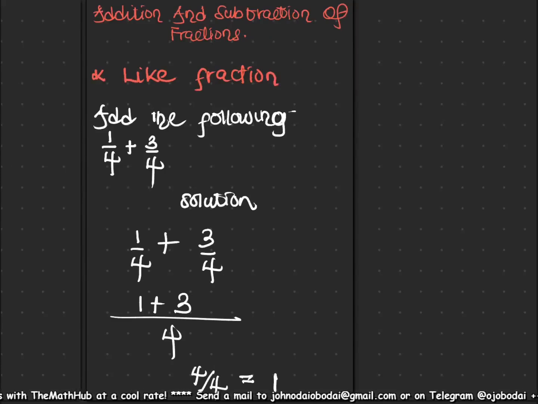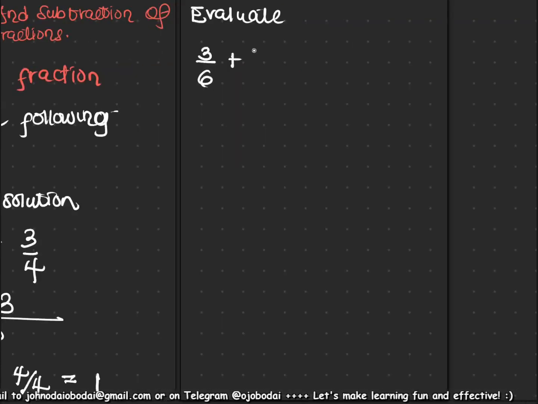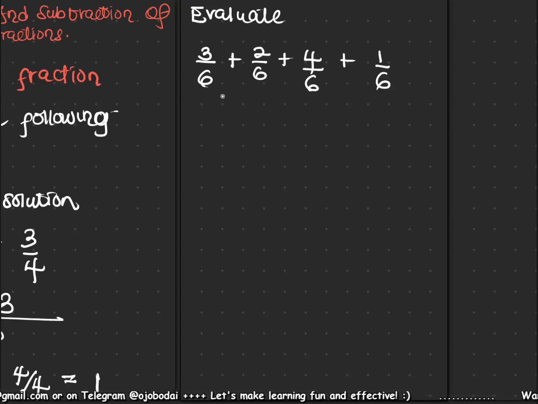That is how easy addition of like fractions can be. Let's take another example. We have to evaluate 3 over 6 plus 2 over 6 plus 4 over 6 and then plus 1 over 6. How is it going to be?